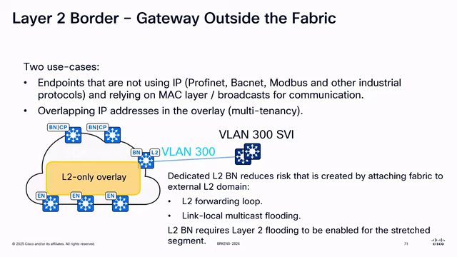The moment you have layer 2 only overlays, you need to enable layer 2 flooding, right? Because ARP, DHCP now have to be enabled and processed. But when you enable layer 2 flooding in this layer 2 only overlay, you might have a problem. Why?